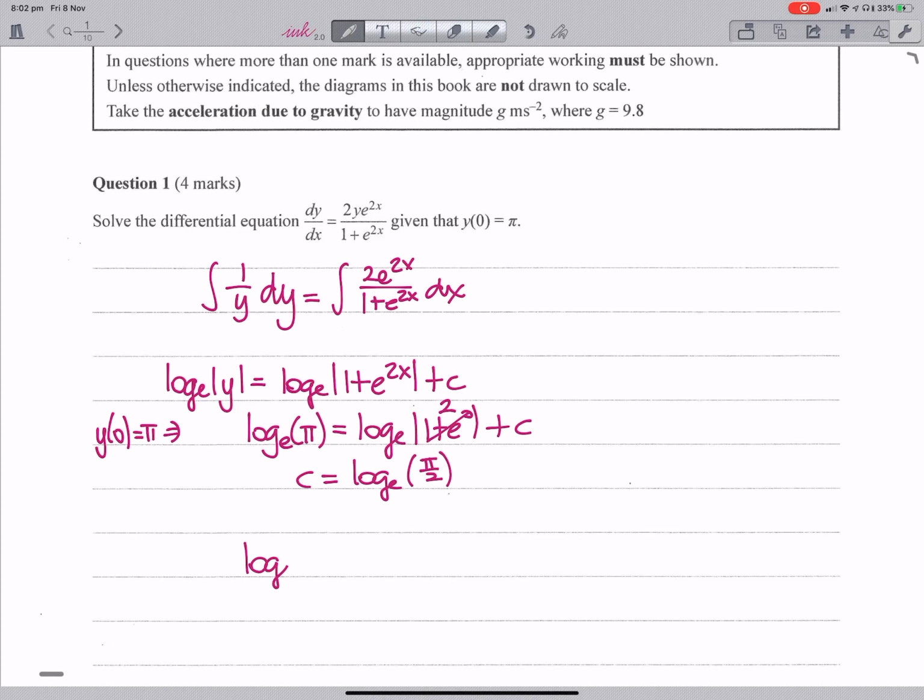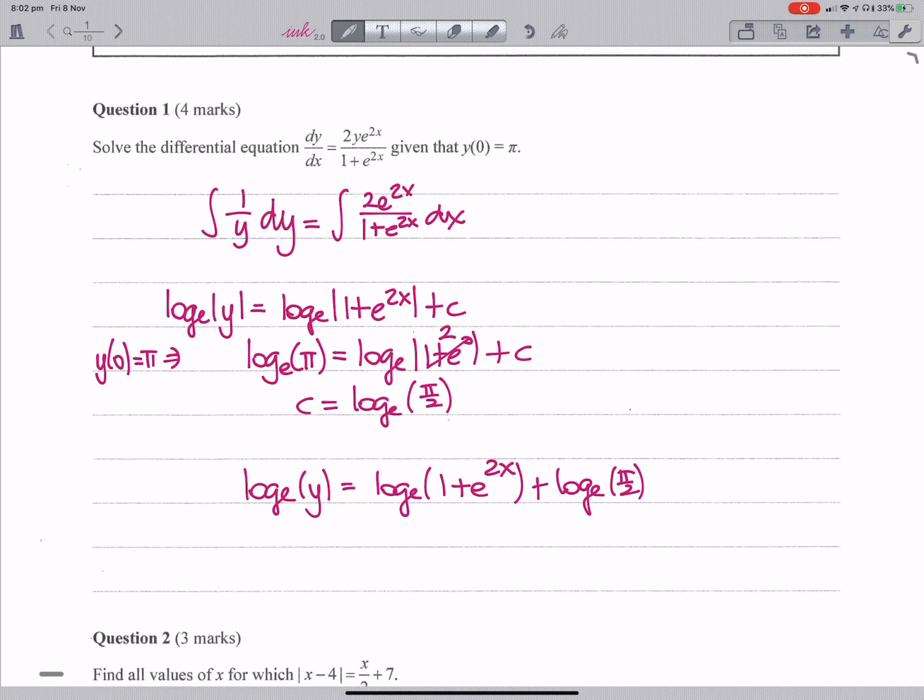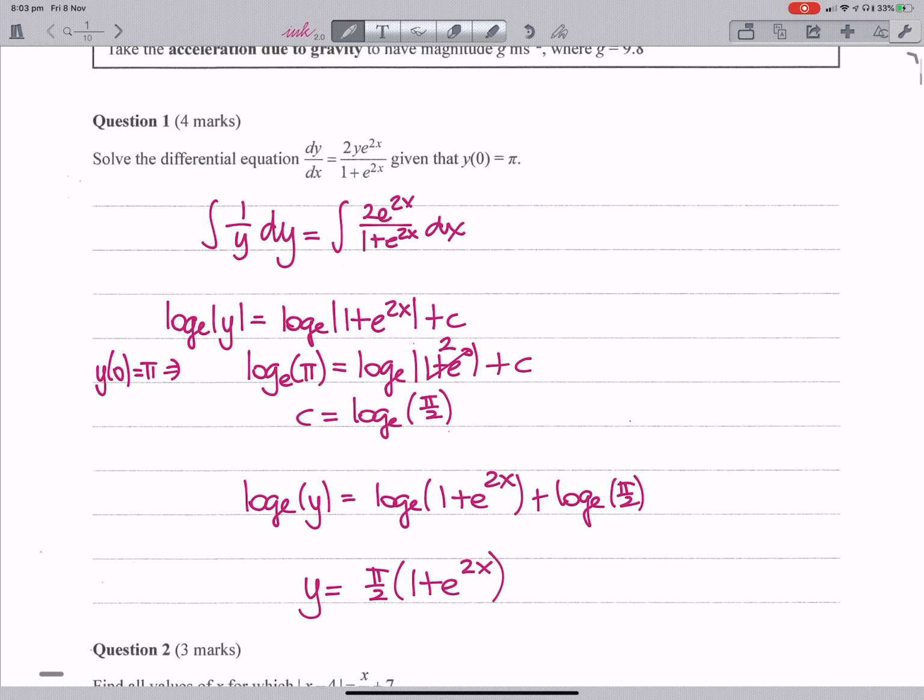So log e y is equal to log e 1 plus e to the 2x plus log e of pi on 2. So we can multiply what's in the logs. So you get y equals pi on 2, 1 plus e to the 2x. That looks right.